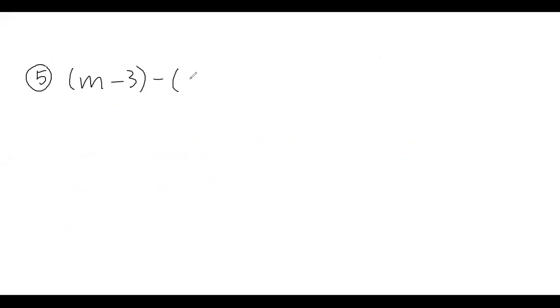So the quantity m minus 3 minus the quantity negative m plus 12. Okay, the video told you whenever there's a minus here, you have to distribute that to everything in here as well.